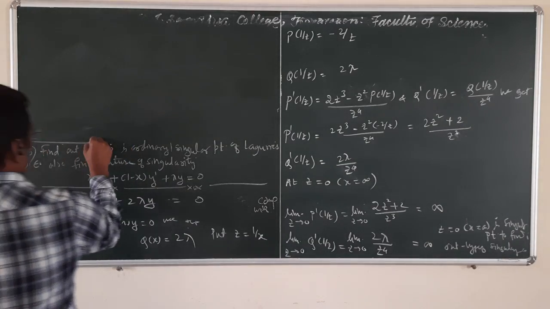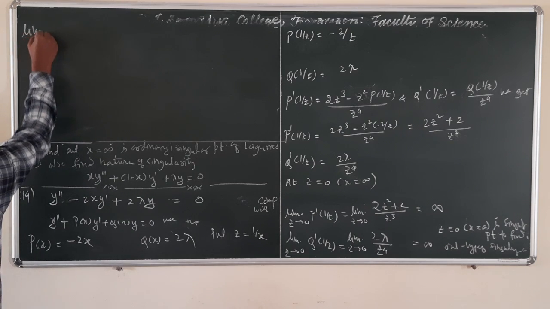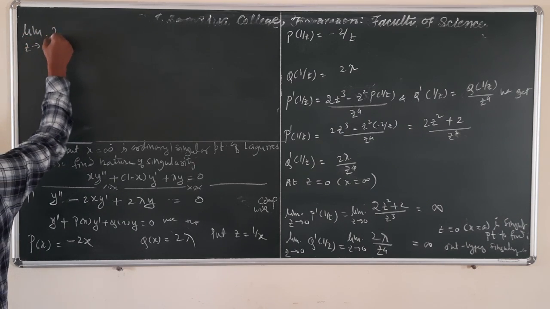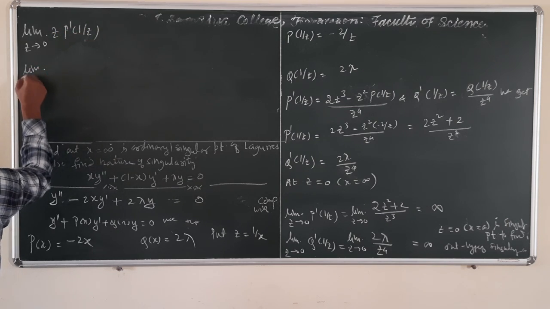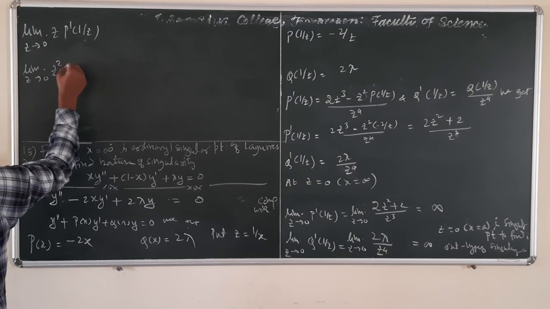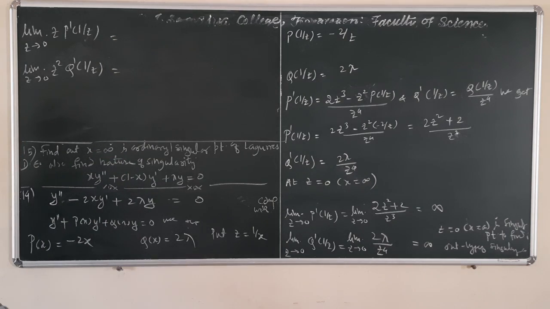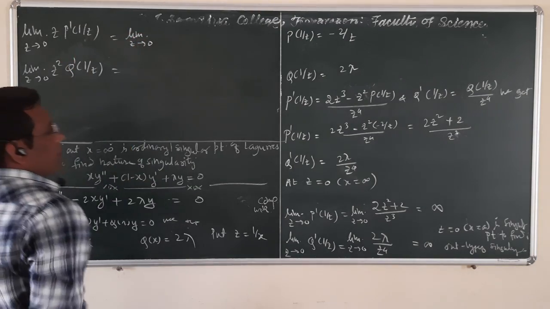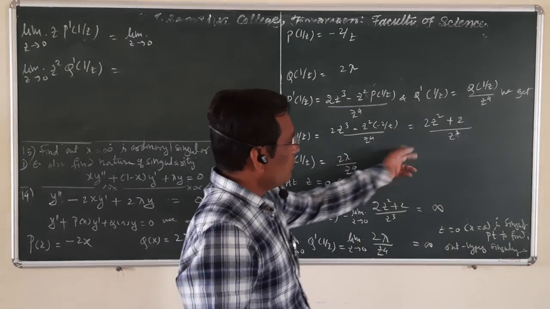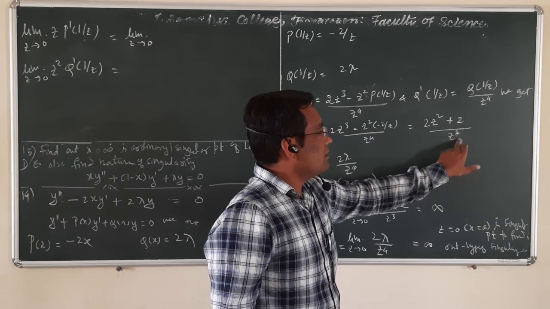So to find out type of singularity, we have to take limit as z tends to 0, z into p dash 1 upon z, and limit as z tends to 0, z square into q dash 1 upon z. If we solve this limit, first of all, limit as z tends to 0, z multiply by p dash. So if you multiply this by z, that becomes 2z square plus 2 divided by z.